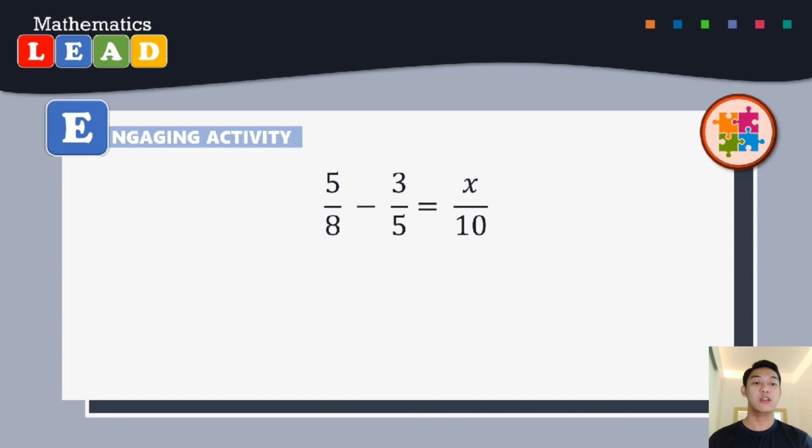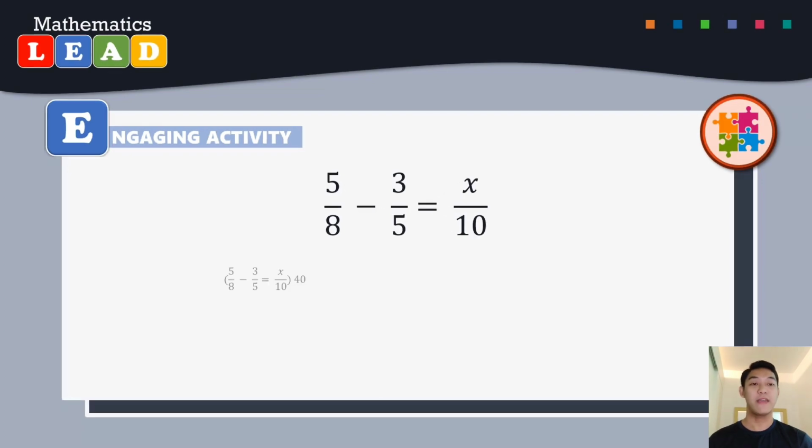What is the least common multiple of 8, 5, and 10? Well, we can make a list. Multiples of 5 are 5, 10, 15, and so forth. Multiples of 8 are 8, 16, 24, 32, and 40. Multiples of 10 also include 40. So 40 is the least common multiple.